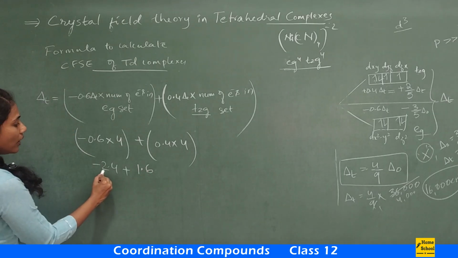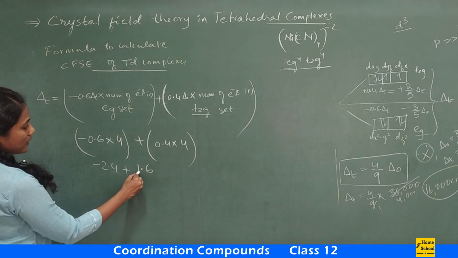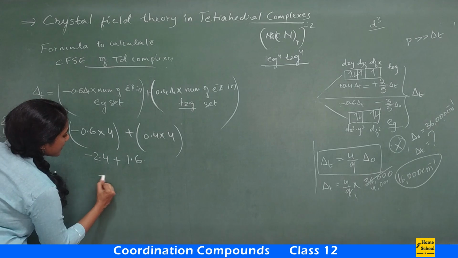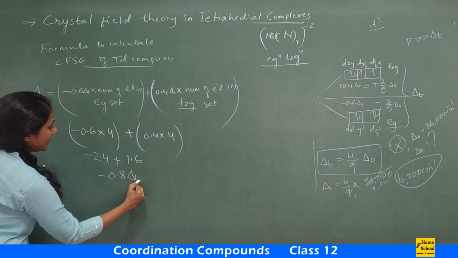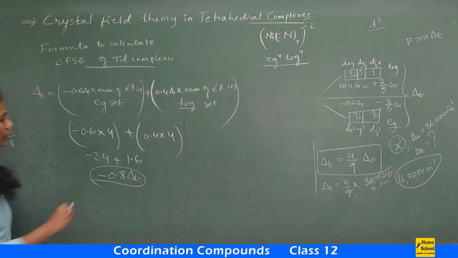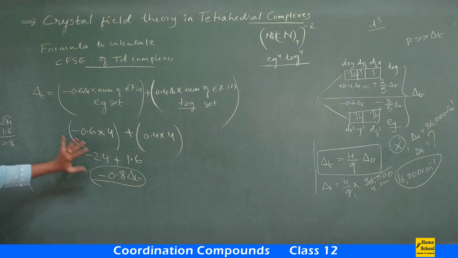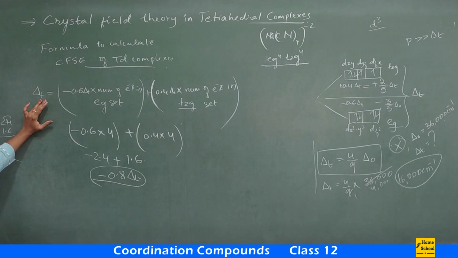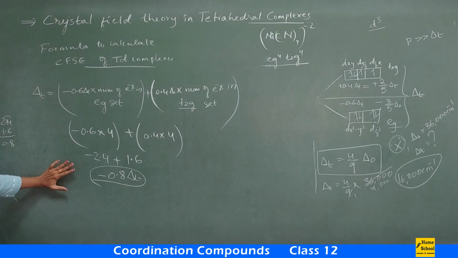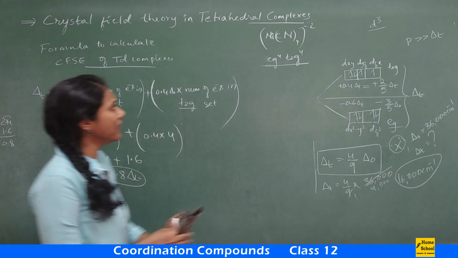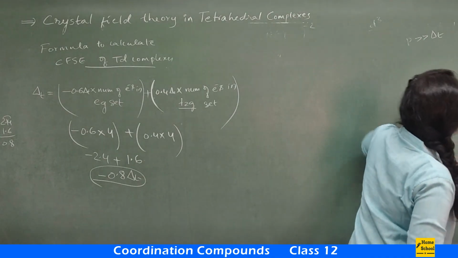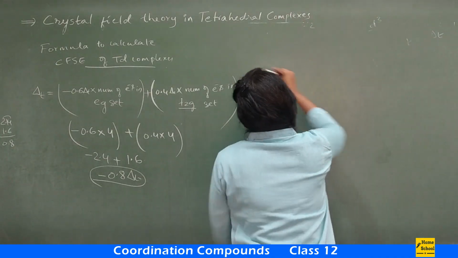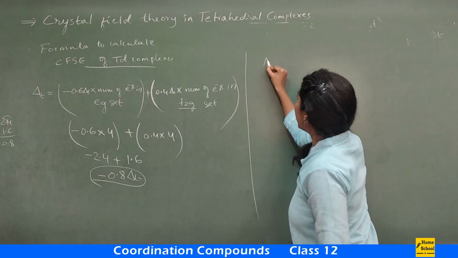If you do minus 2.4 plus 1.6, you will get your answer as minus 0.8 delta T. So this is your answer, guys. This is the formula to calculate CFSE. Very simple actually, right? Similarly, you have a formula to calculate CFSE of octahedral complexes also. The formula is very simple.